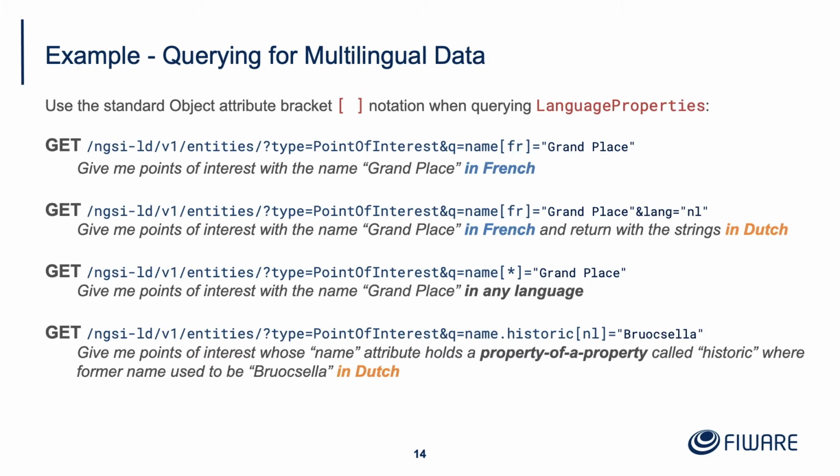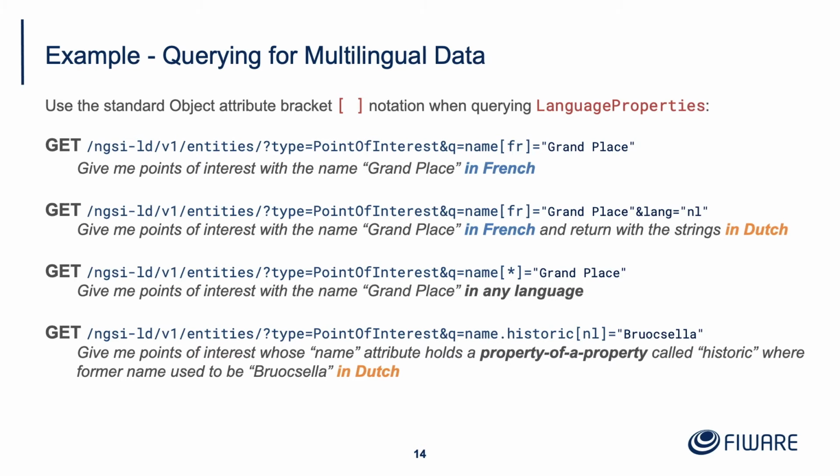That is not currently the way which will work for ordinary properties. So if you were trying to do it with an ordinary property, or trying to do it in NGSI-v2, then you'd need to have name equals fr Grand Place, or, which is a semicolon, name equals nl Grand Place, or whatever, so a wider list of elements. So it will simplify the syntax when asking across multiple languages.